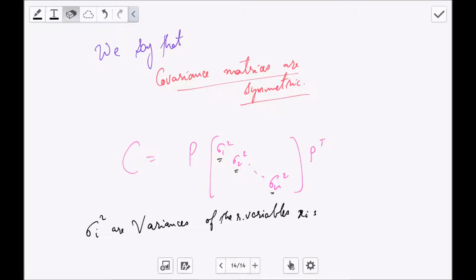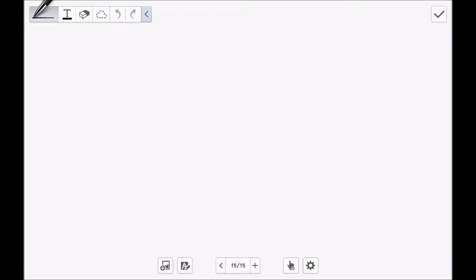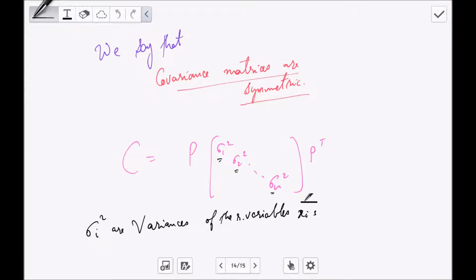Now once you have obtained this and once you have multiplied this, in these we have random variables xi dash. Now what were the covariances of xi dashes? They were all 0. That means the covariance of xi comma xj for i not equal to j was 0. From this, because there is a huge portion of 0 here.